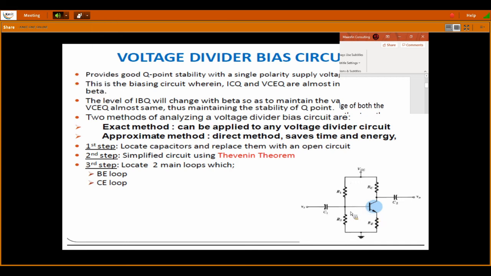If I superimpose my input signal with this VCC and these additional components, R1, R2 and the emitter bypass resistor connected at your emitter terminal, we could maintain stable conditions, and the operating point must be kept exactly at the midway of your load line. With that, we could have faithful amplification at the output of a transistor.